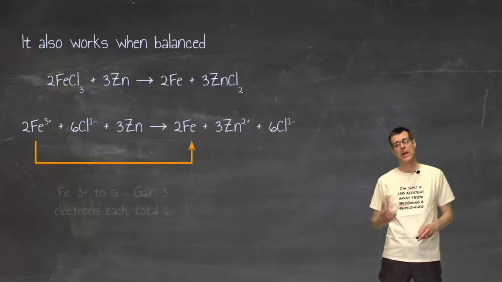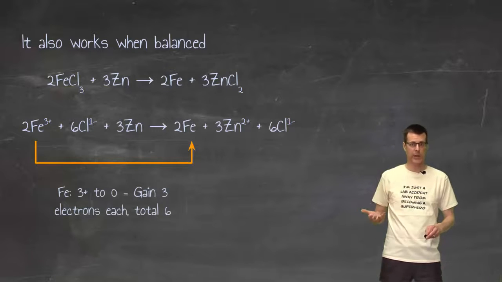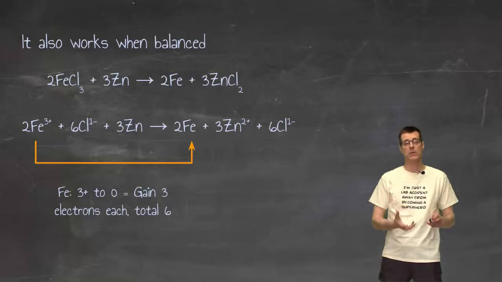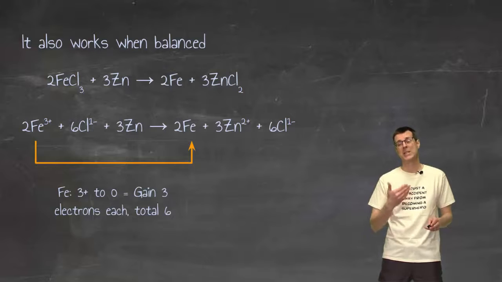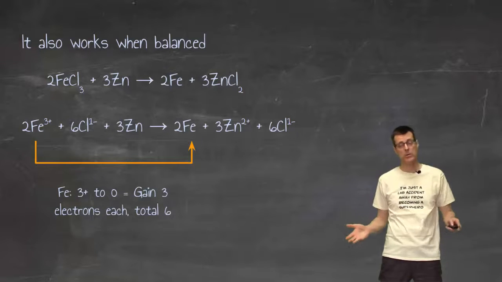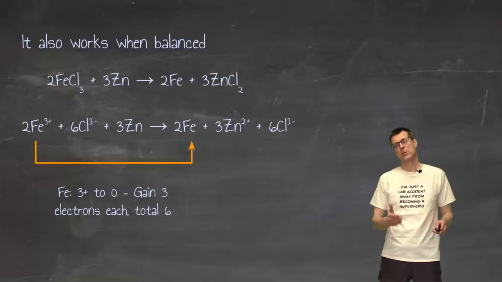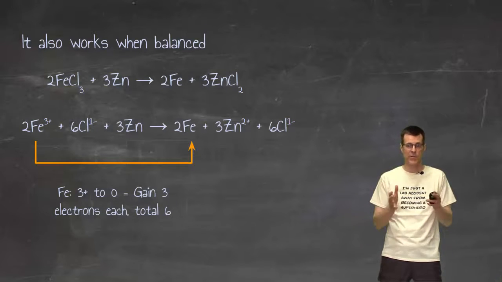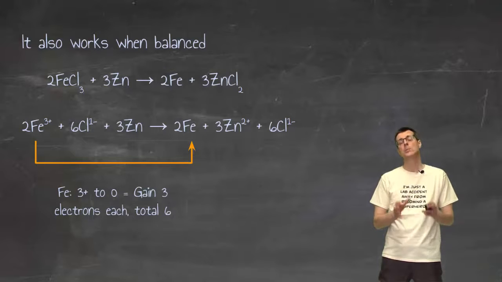In order for that to happen, each atom of iron goes from a +3 to a neutral charge, a 0 charge, which means it has gained 3 electrons. Now there's 2 of those ions becoming atoms, so a total of 6 electrons have been gained by the iron ions.